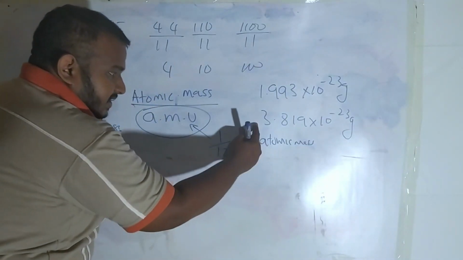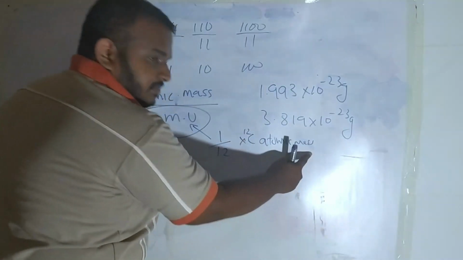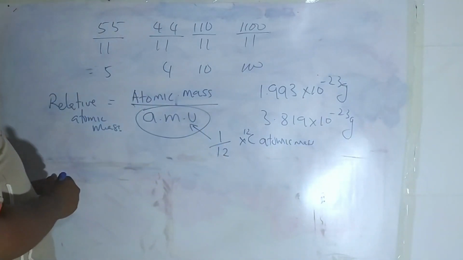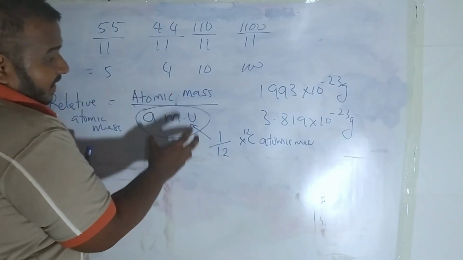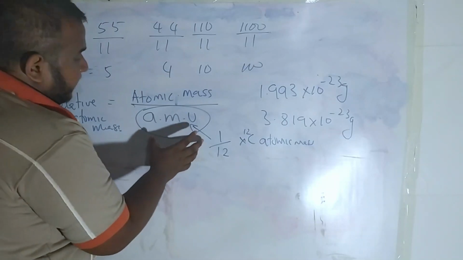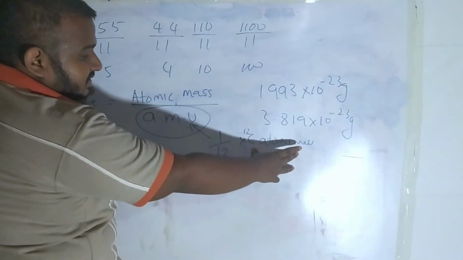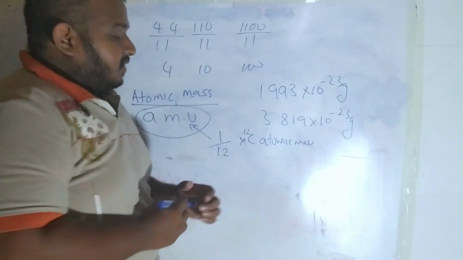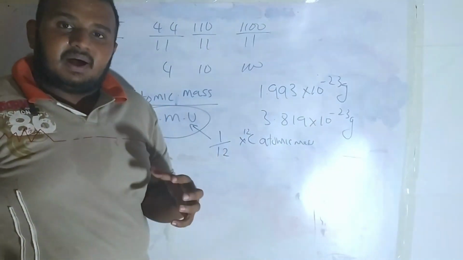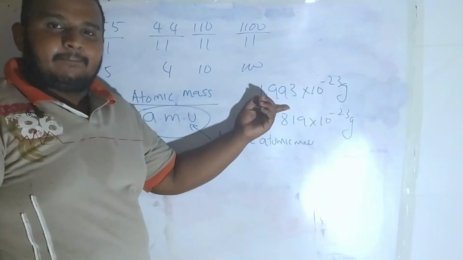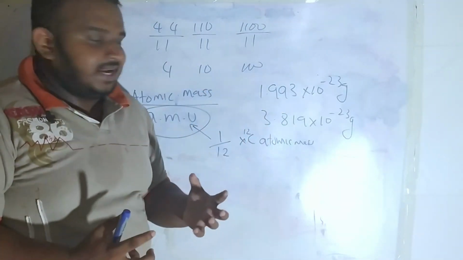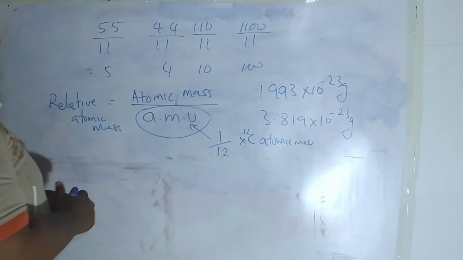The isotope carbon 12, atomic mass 1/12. So the highest common factor they identified was carbon 12 atomic mass 1/12. That means you have to take the 1/12 part of carbon 12 mass. Got the idea? It is a very simple thing that they did.